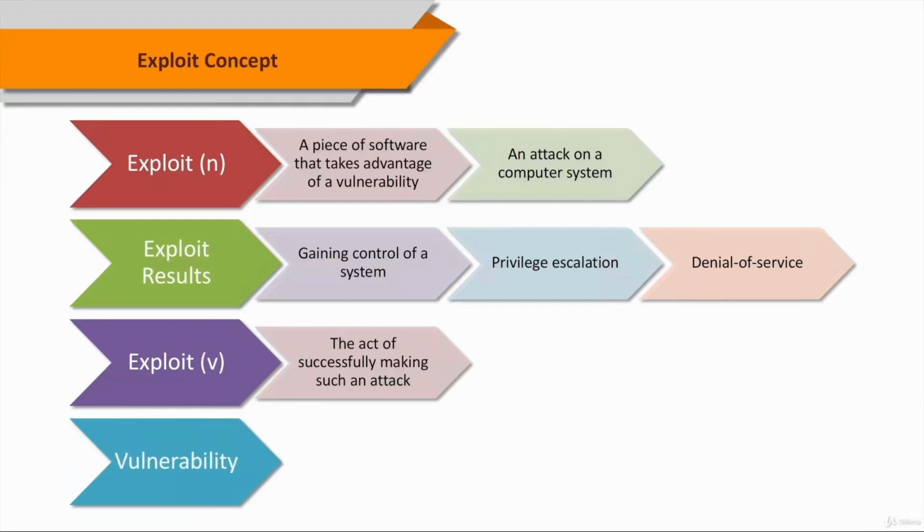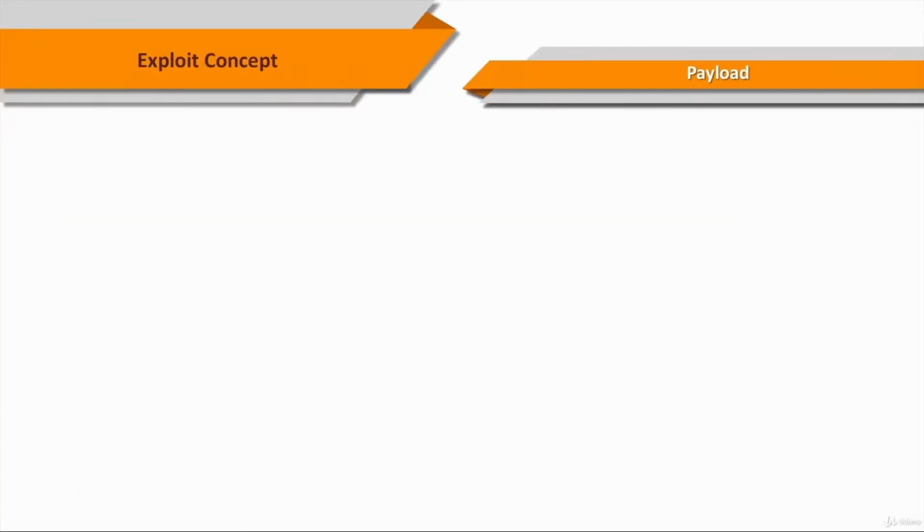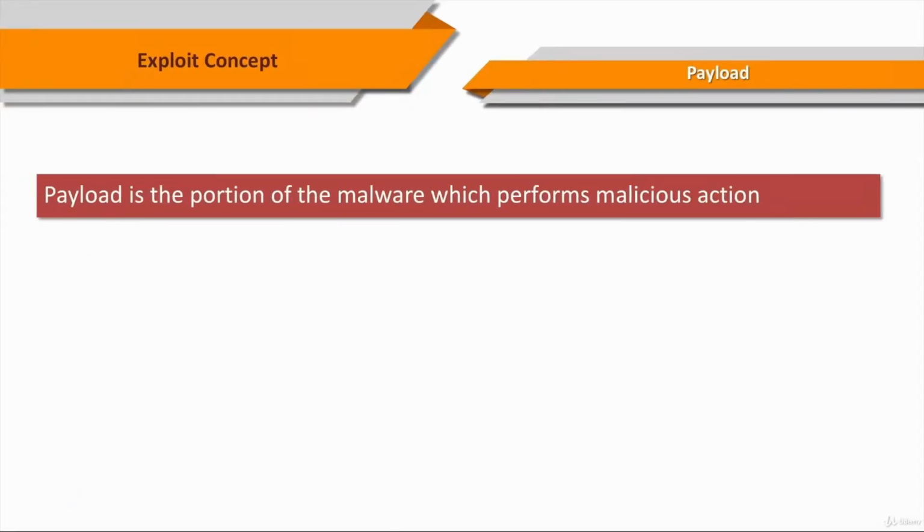Now, you heard me use the word vulnerability. I think we should clarify that a little. A vulnerability is a flaw or weakness in systems, designs, implementations, or internal controls that could result in a security breach or a violation of the system's security policy. In the context of cybersecurity, the payload is the portion of the malware which performs the malicious action.